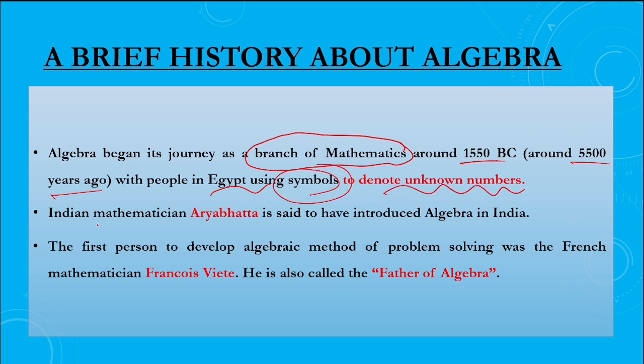In India, the mathematician Aryabhat is said to have introduced algebra. Who introduced algebra in India? That is Aryabhat. And the first person to develop an algebraic method of problem solving was the French mathematician Francois Viete. He is also known as the father of algebra.